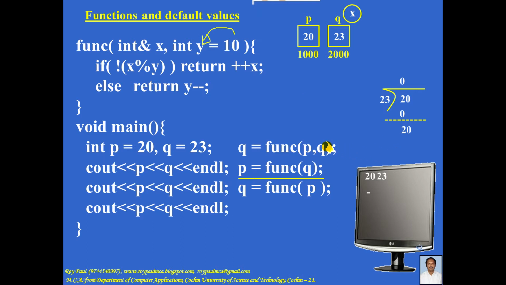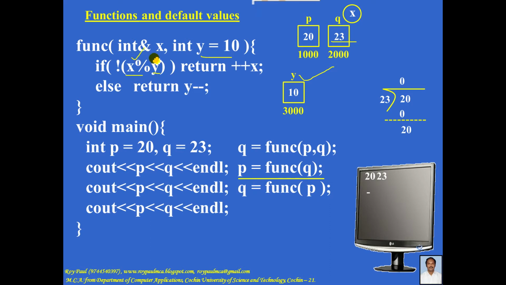So kindly make a note of this. If the second argument is given, that comes in variable y, and if the second argument is missing, the default value comes in variable y. So here y contains 10. Now x is 23, y is 10.